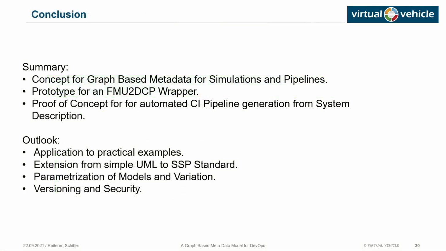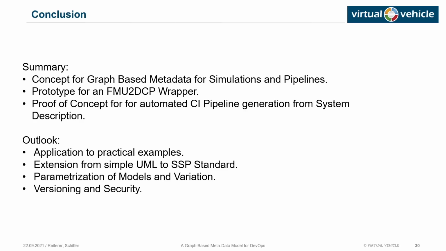So to sum up, we have now shown the concept for graph-based metadata for simulations and pipelines. We demonstrated a prototype for an FMU to DCP wrapper, and we made a proof of concept for automated CI pipeline generation from system description. As an outlook, we want to dive into more practical examples.